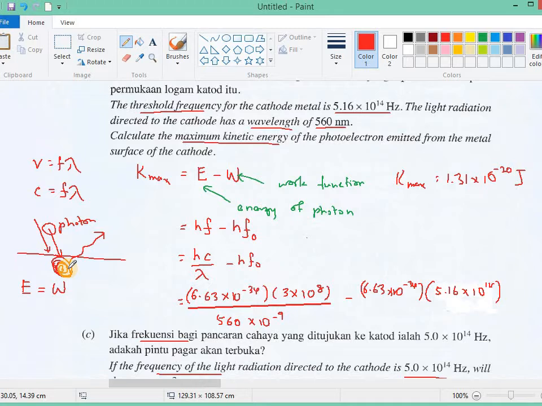The extra energy will become the kinetic energy of the electron, the kinetic energy of the photoelectron. So the energy in the photon equals the work function, that means the minimum energy needed for the electron to escape, plus the kinetic energy of the photoelectron.